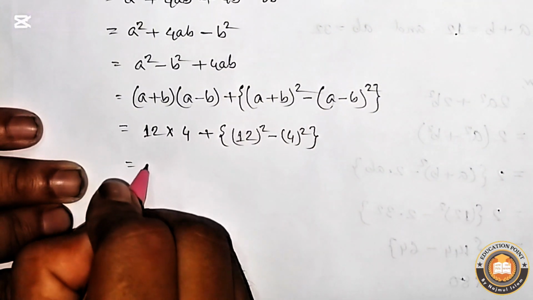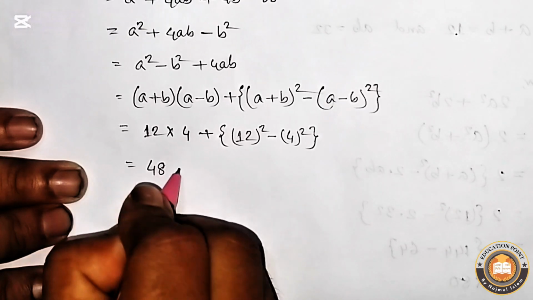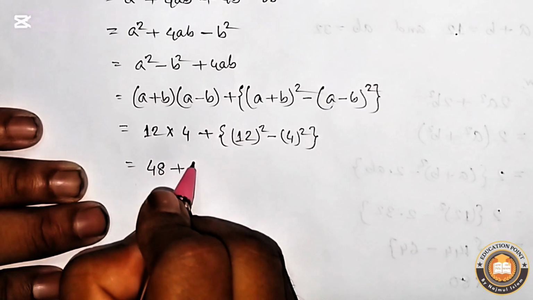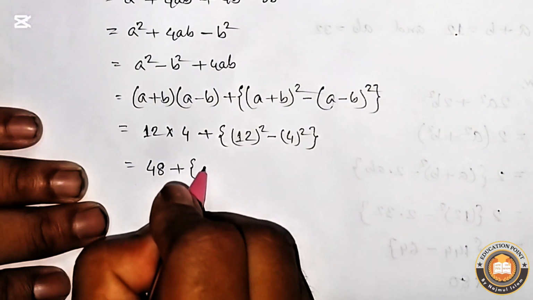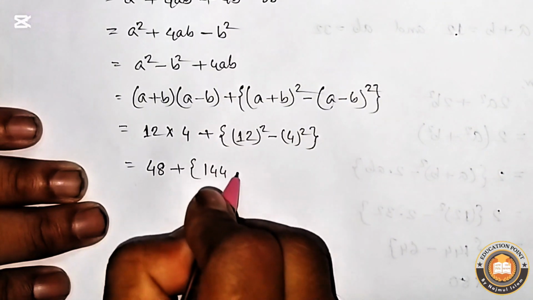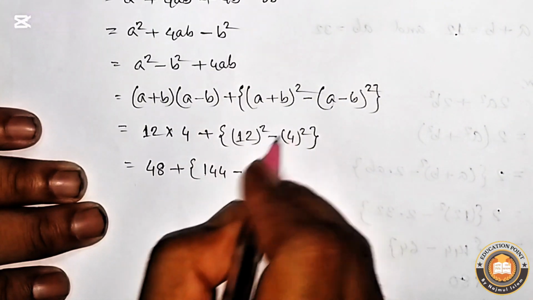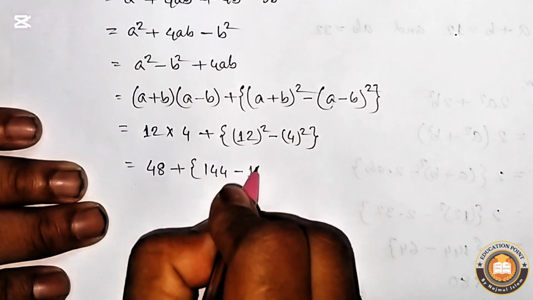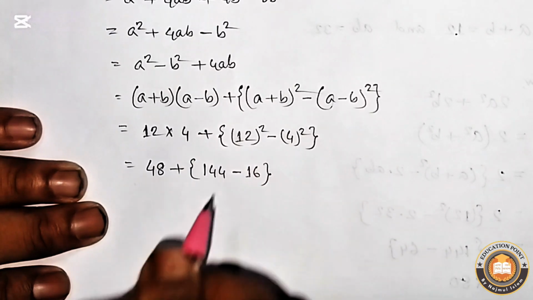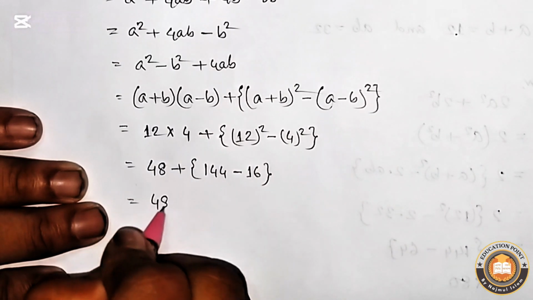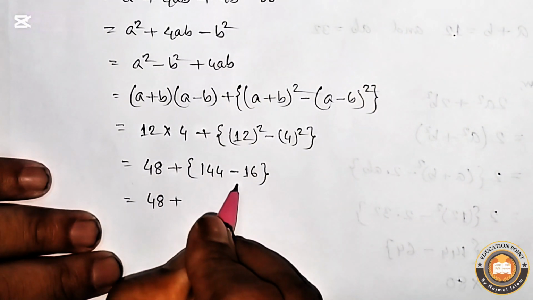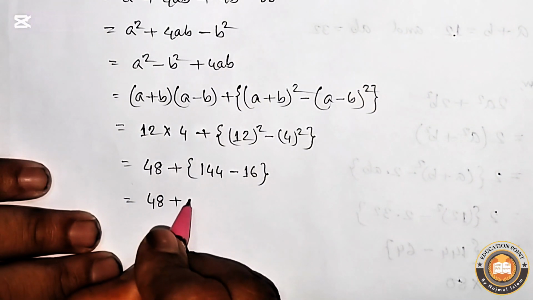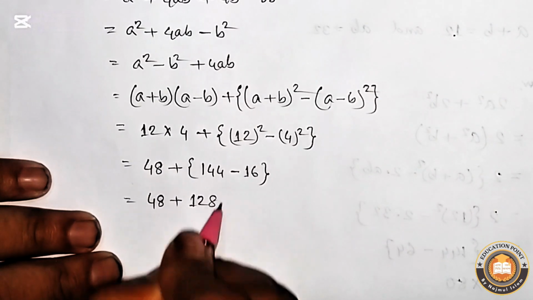4 times 12 is 48, plus square value of 12 equals 144, minus square value of 4 is 16. 48 plus the subtracted value of 144 and 16 equals 128.